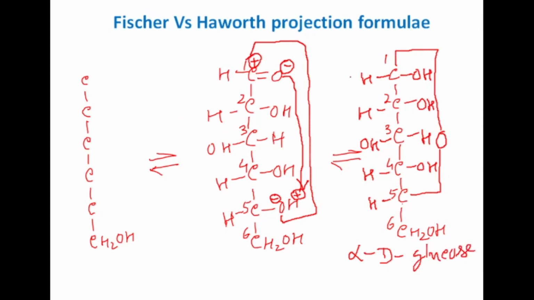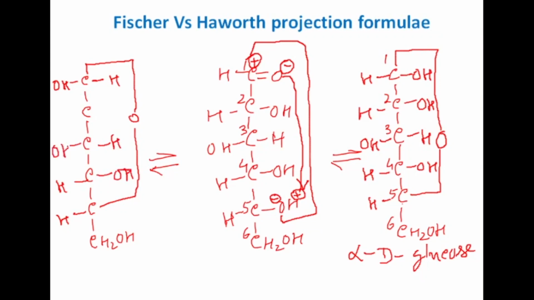Then again, if on the first carbon, this OH group is on the left hand side, and the rest of the things remain as they are, then this structure is considered as beta D glucose.